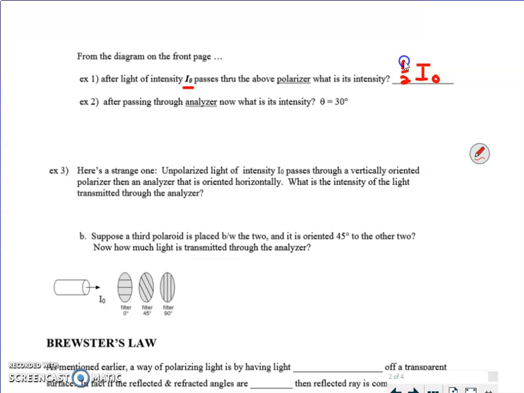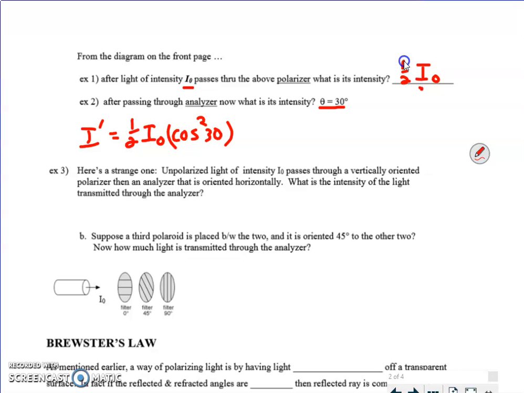Now this passes through the analyzer, and the analyzer is oriented at 30 degrees. We want to know what the new intensity is, so I'll call that I prime. I prime is going to be equal to the intensity coming in, which is 1/2 the original intensity, times cosine squared of 30. Cosine of 30 is radical 3 over 2, so squared is 3/4.